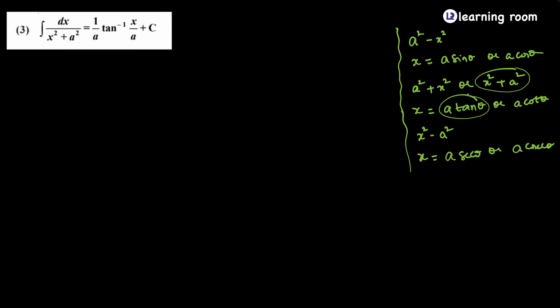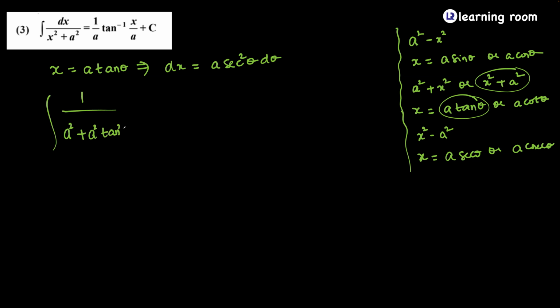So here, x is equal to a tan theta, which implies dx is equal to a secant square theta d theta. So integral of 1 by, what is x square plus a square? It is going to be a square plus a square tan square theta. So a square plus, in the place of x, I substituted a tan theta.